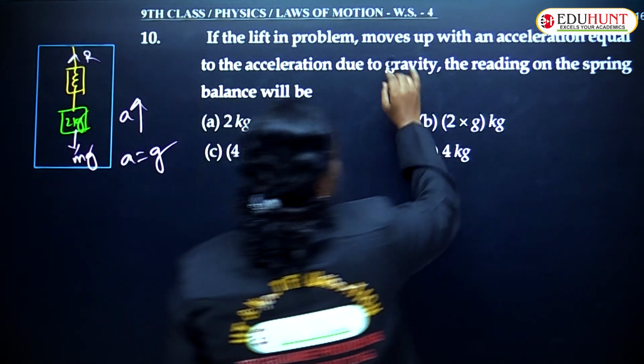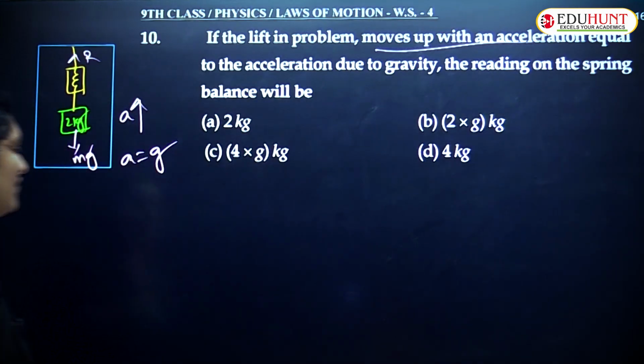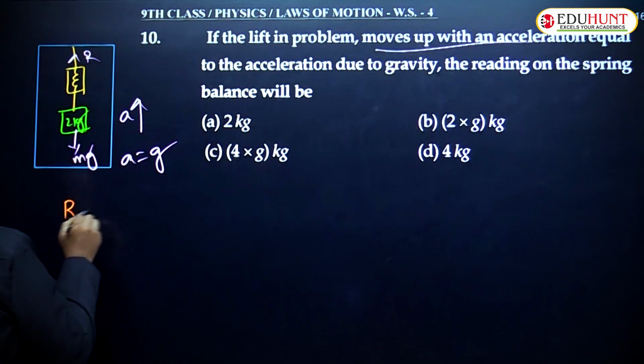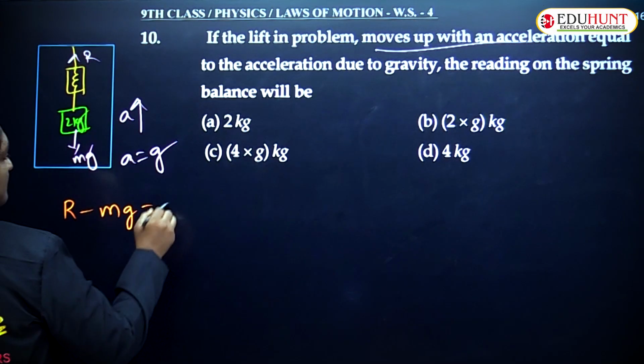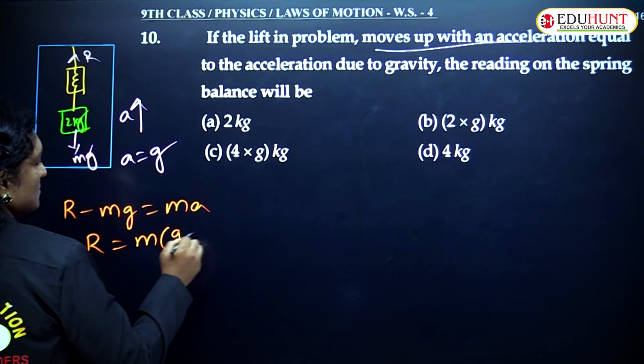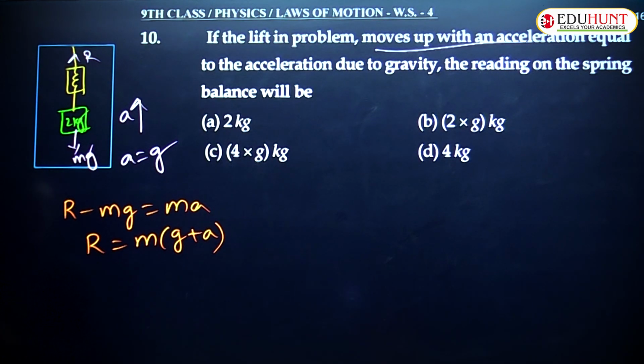But in the question, it is given that it moves up with acceleration. Whenever the body moves up with acceleration, we found the equation R minus mg equals to ma, or R is equals to m into g plus a.